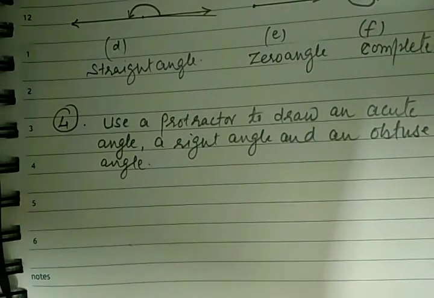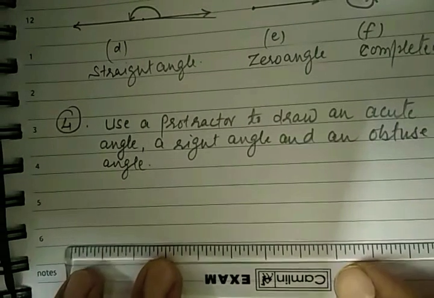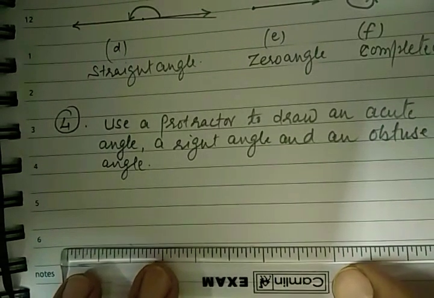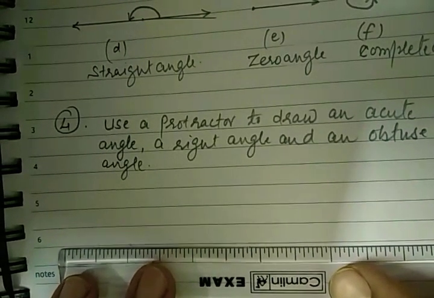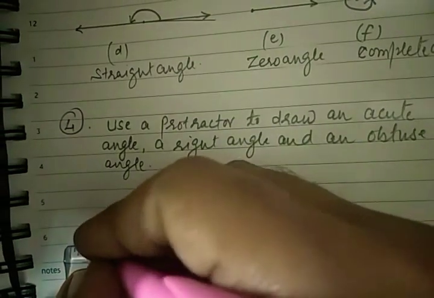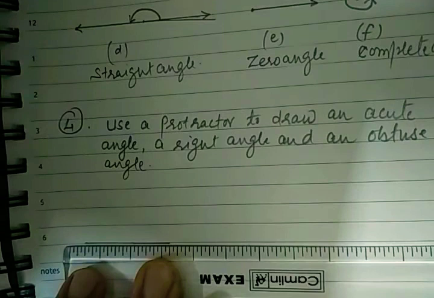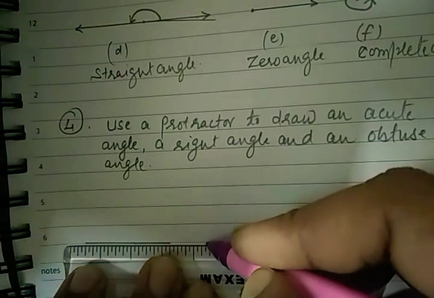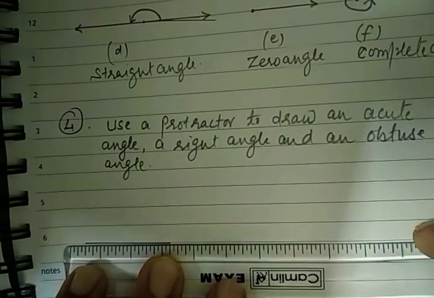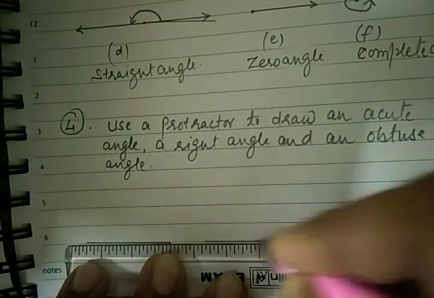They have exactly asked here, use a protractor. So first of all, we have to use a scale here to make the base. They have asked for three angles: acute angle, right angle and obtuse angle. So I will make three figures simultaneously.